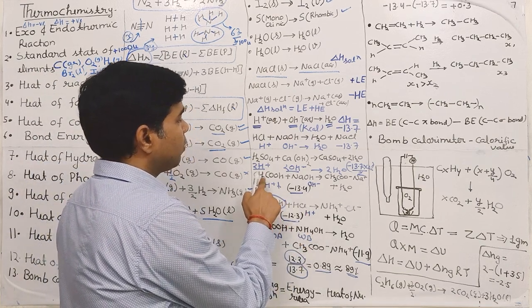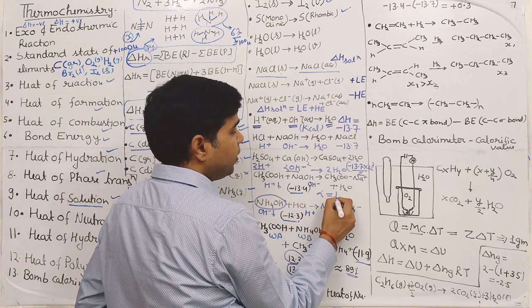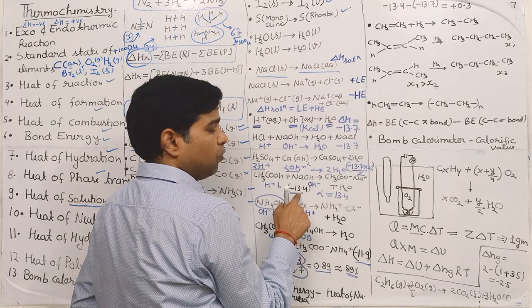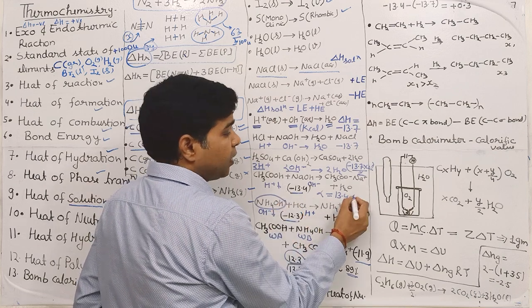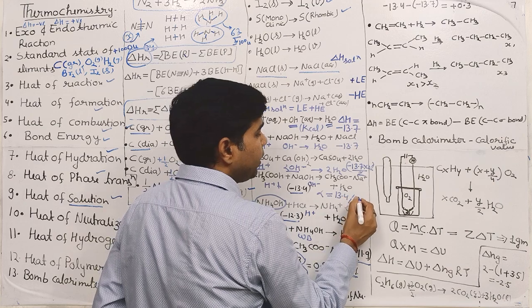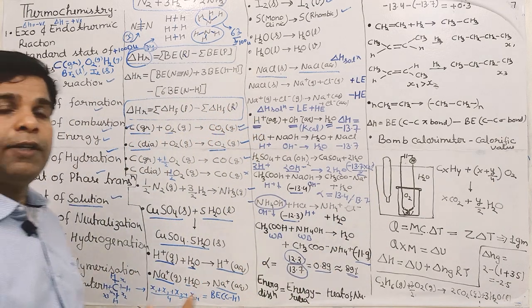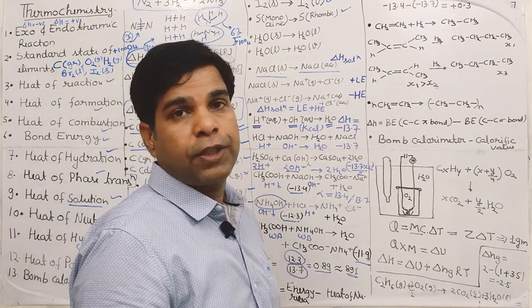If I want to calculate the degree of dissociation of acetic acid, what is that? 13.4, the actual energy release, divided by the heat of neutralization, 13.7. This will provide you the degree of dissociation, multiplied by 100, and you will get the percentage dissociation.